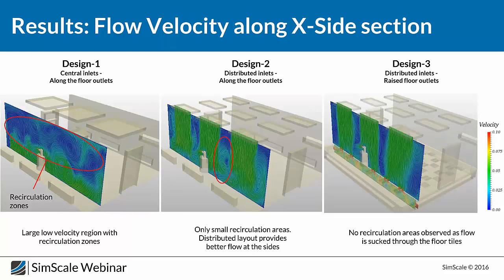Okay, and one more section, a velocity profile, but this time on a different plane. So again, an X section, but we put it on the side. This is the plane that is placed in the middle of the contamination source, the inlet of the contamination source.